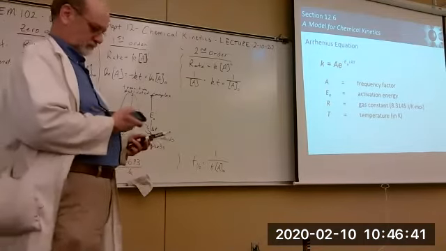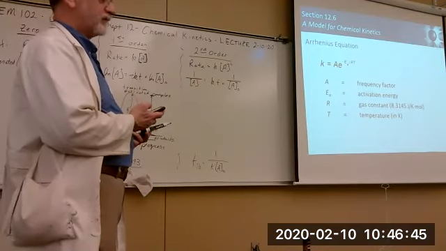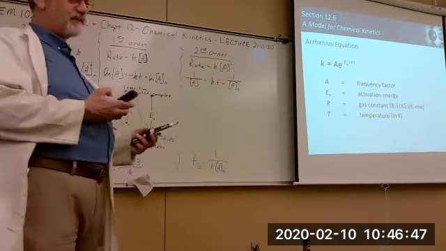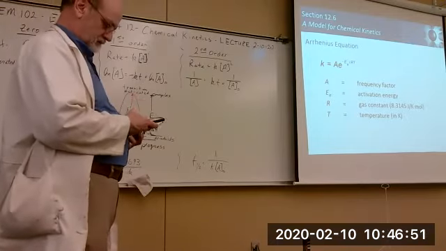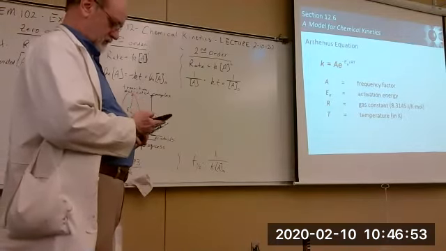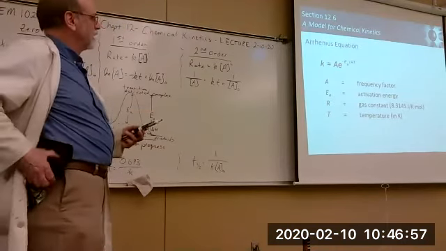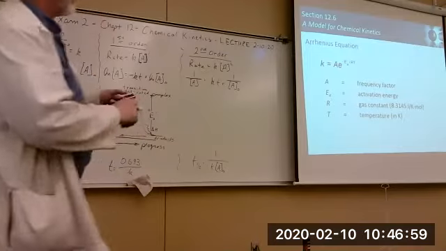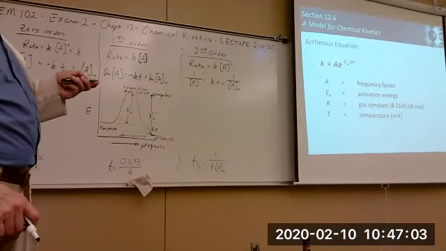Is little t the time? Yes, little t is the time. Big T is the temperature. Oh, okay. k is your rate constant, and A is the one we don't know.